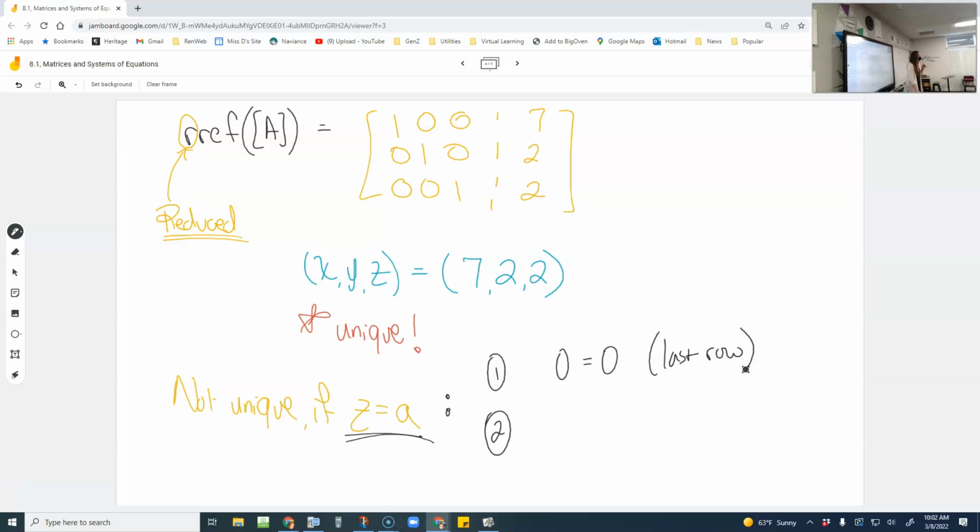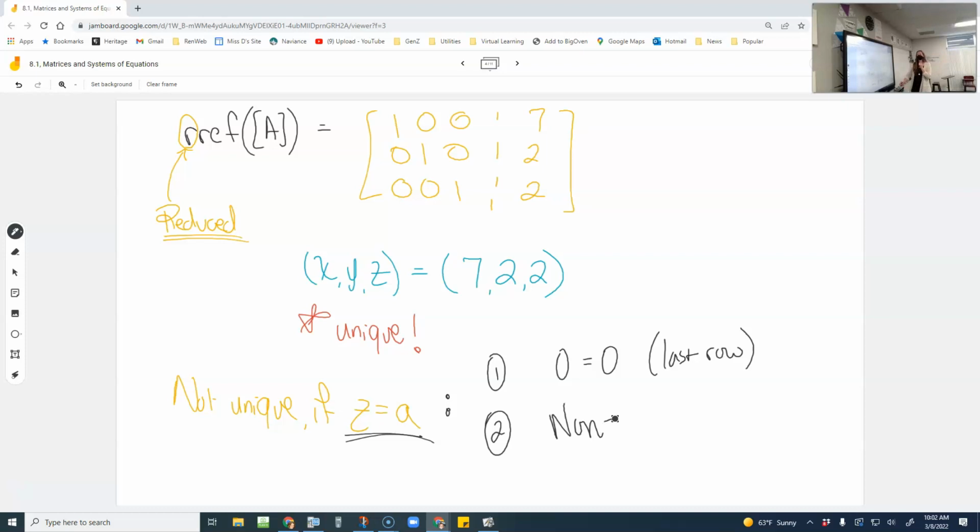But there is an OR. Anybody remember the OR? There's only 2 equations, but 3 variables. Do you remember what we would call those systems? It started with a non. Non what? Non-square.